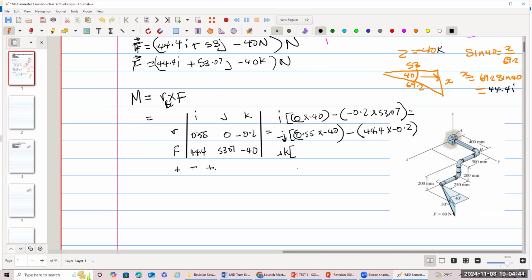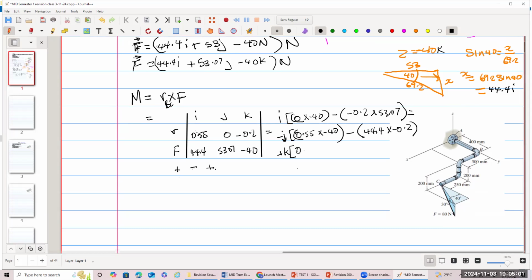The K column is not included, so it's the I and the J. We have 4 components here, and we're going to find the determinant of it. So the determinant is 0.55.